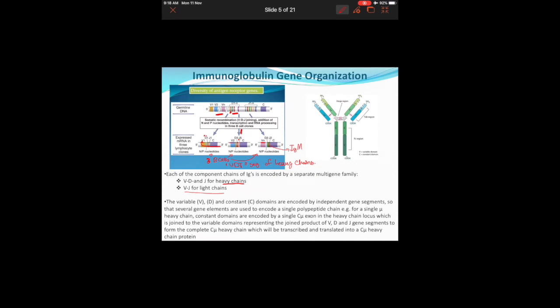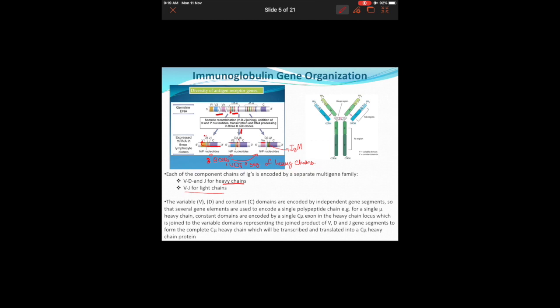So this diversity is generated in this first instance through the action of this RAG1, RAG2, which selects out individual VDJ recombination. Right?